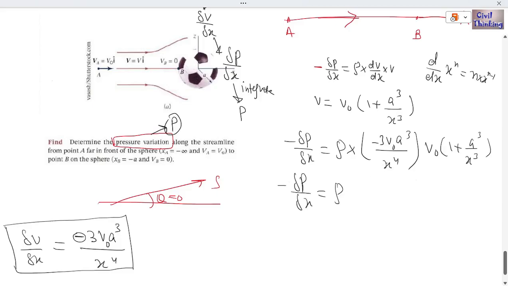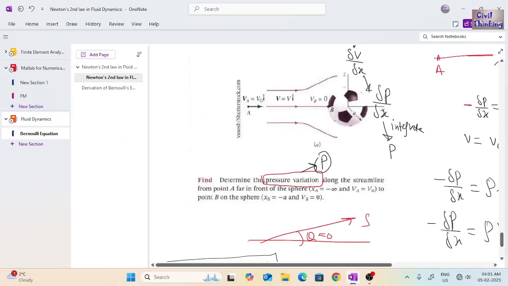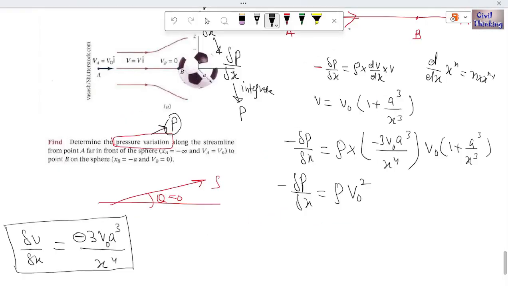Rho times, this is v naught and this is v naught, they will multiply with each other, so this is v naught square. Then we have 3. Now this is minus and this is minus, so negative and negative will cancel out.